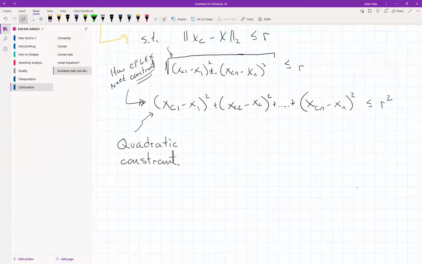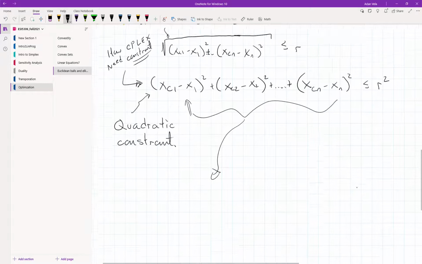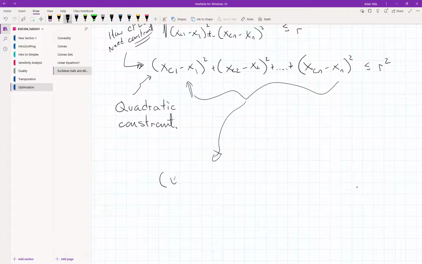So another way that we could write this, if we think about what's going on here, is the same thing as saying, if we're working with vectors, x minus xc transpose times x minus xc is less than or equal to r squared. So it is the same idea.